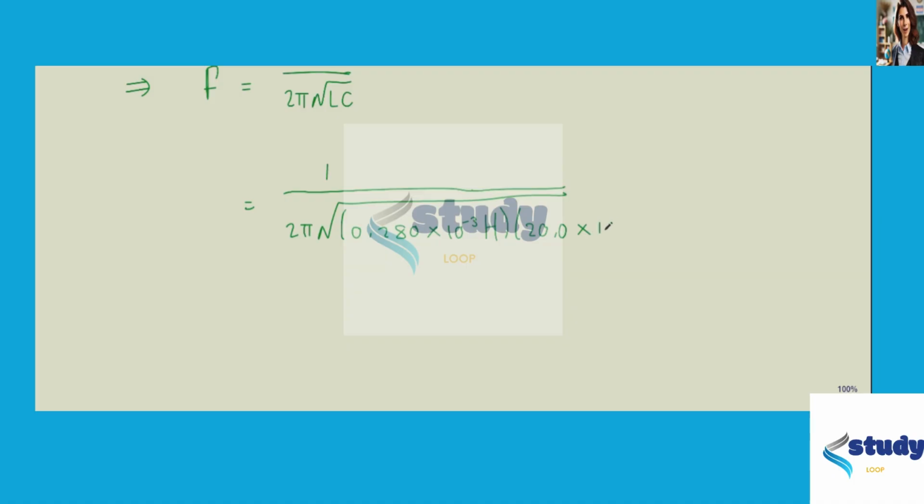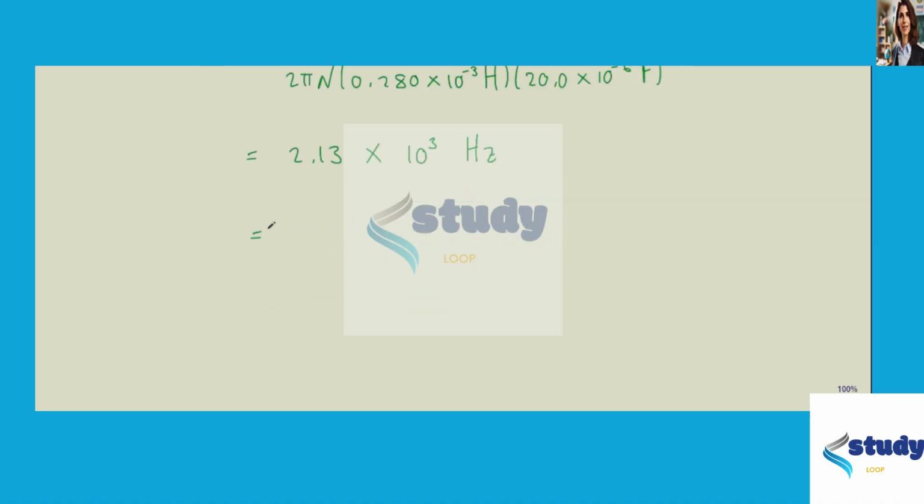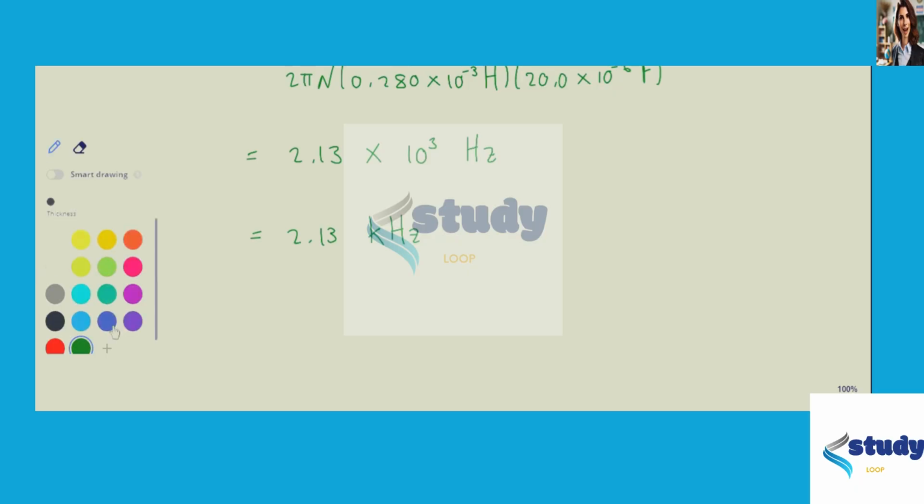That's 20 times 10 to the minus 6 farads. And hence we get the frequency of oscillations to be 2.13 times 10 to the 3 hertz. And this is simply 2.13 kilohertz.